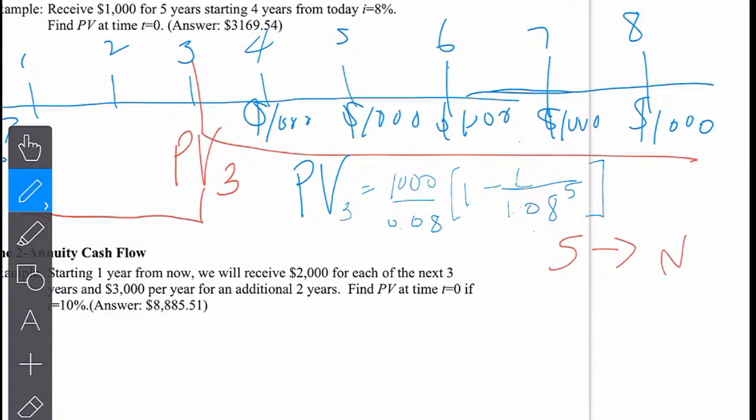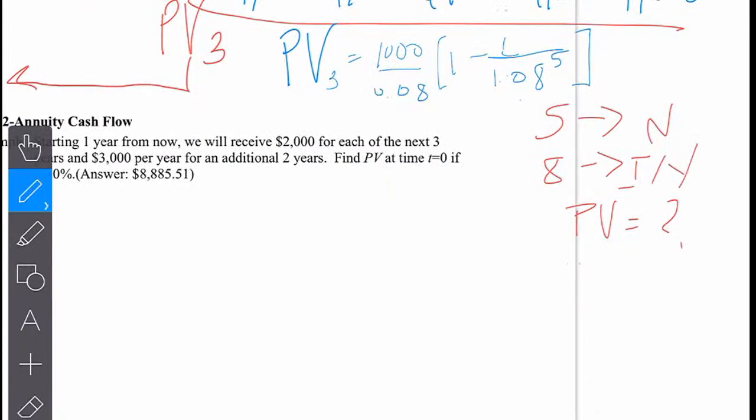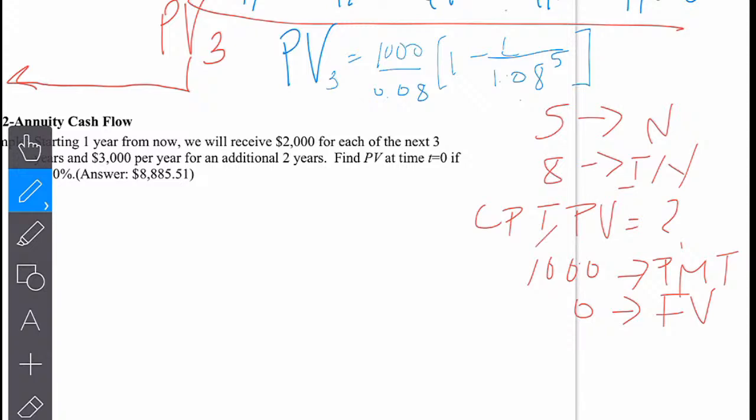PV is what I want. Interest is 8. PV is what we're going to get later. 1,000 into PMT. And 0 into FV. And then compute PV. And you will get the first part.